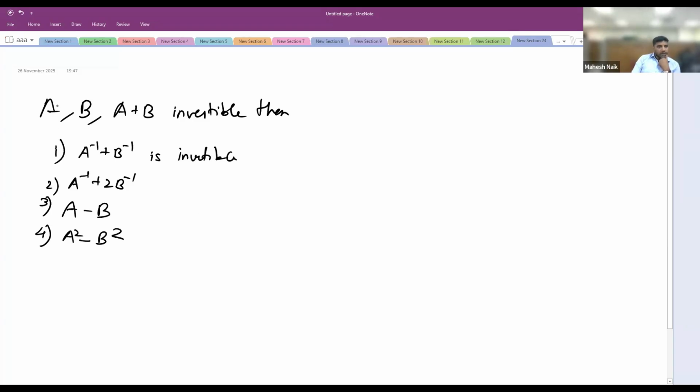So A is invertible, B is invertible. At the same time, A plus B is invertible. So can we say 3, A minus B is invertible?